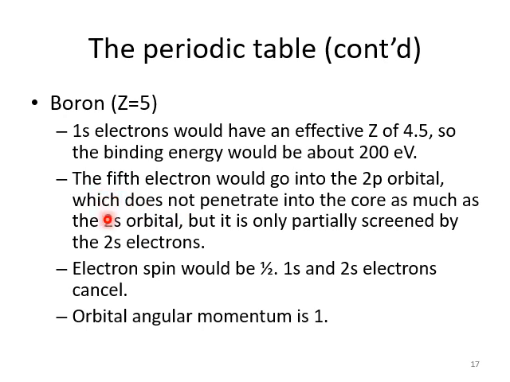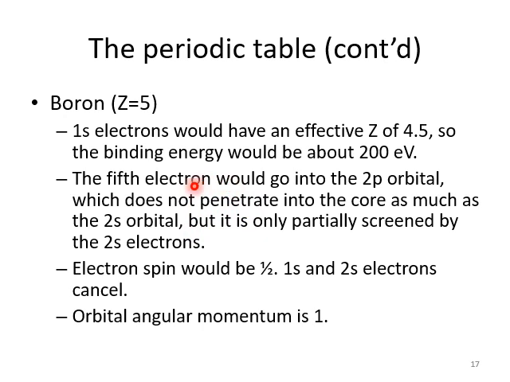The 5th electron is going to go into the 2p orbital, and the 2p orbital doesn't penetrate into the core as much, and therefore it's only going to be partially screened by the 2s electrons. It will be screened by the 2s electrons, and it is screened by the 1s electrons.